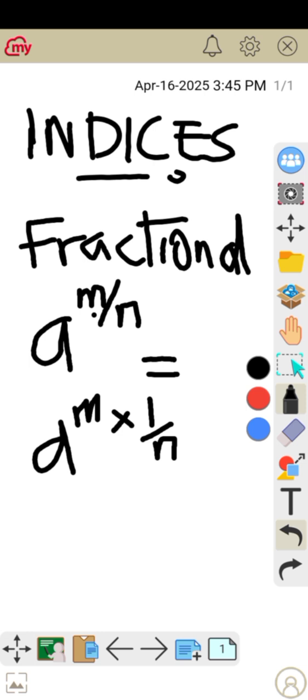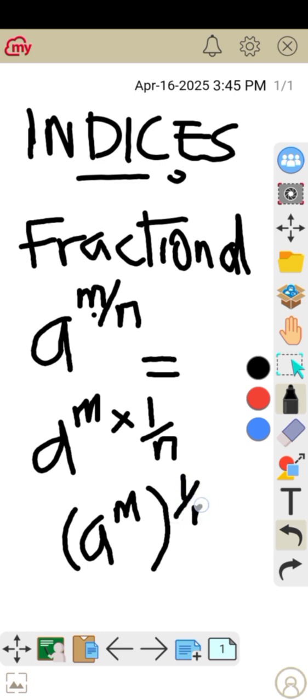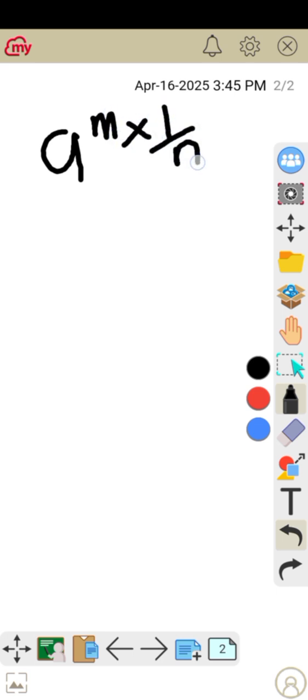Do you get it? In that case, we put this in bracket open, base, the first power. You close the brackets, then you put 1 over n outside. Or it can be of this form, a to the m multiplied by 1 over n power.